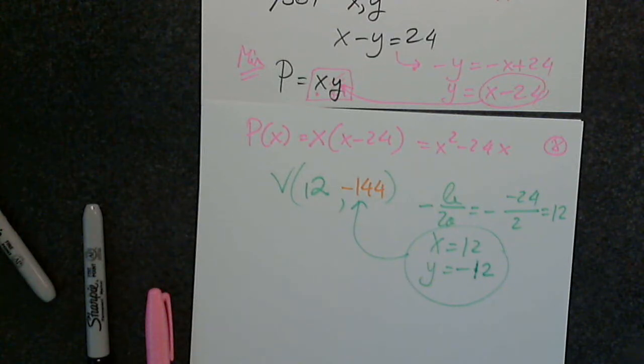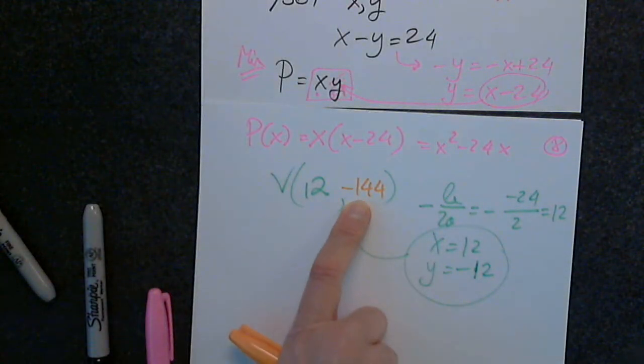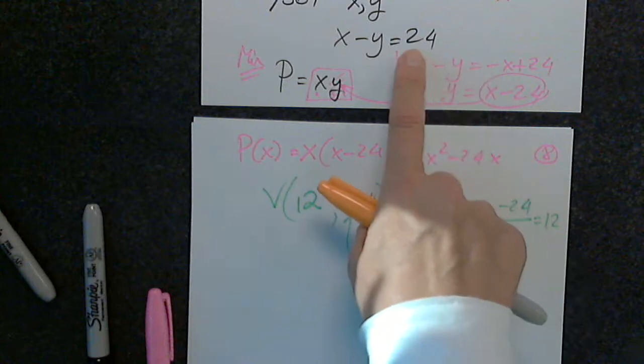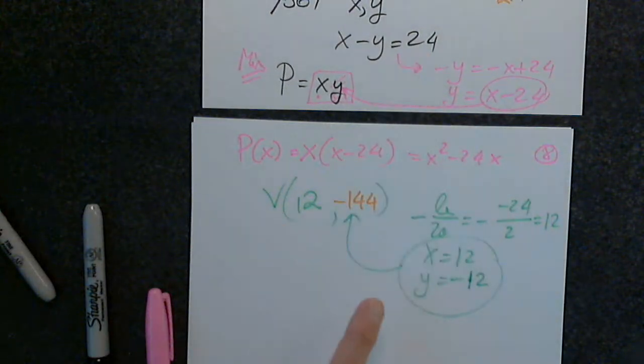So the two numbers whose product is minimum and whose difference is 24 are 12 and negative 12.